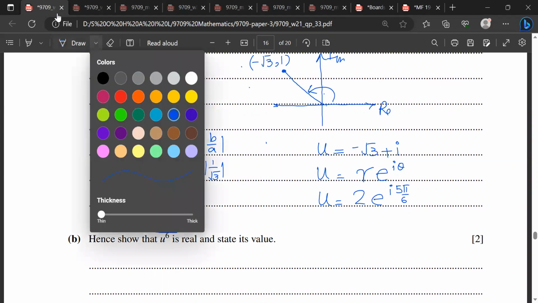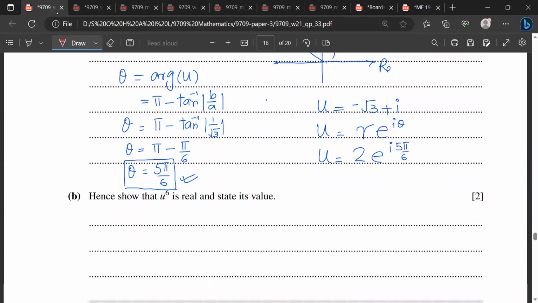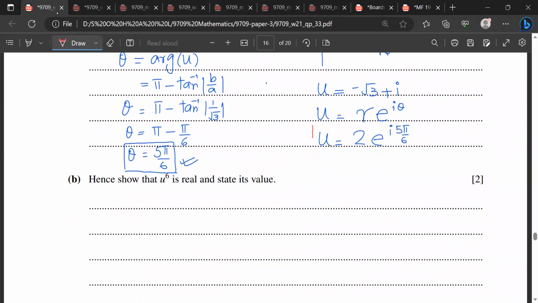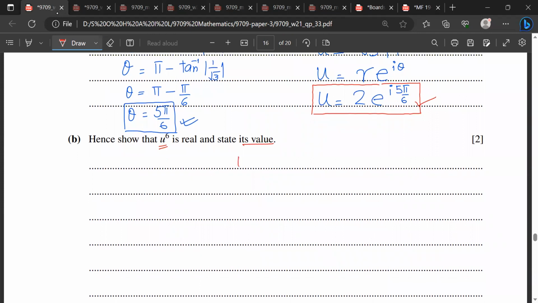So this is the exponential form, or the polar form. This was the requirement: to write in the form r e power iota theta. Hence show that u power 6 is real and state its value.